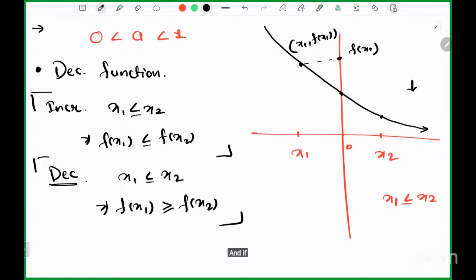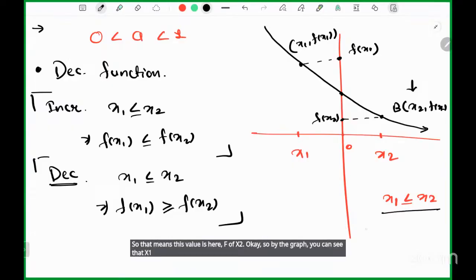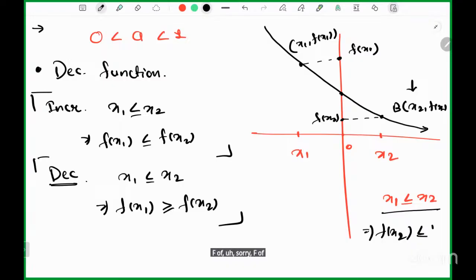And the coordinates of point B are x2 comma f of x2, so this value is f of x2. By the graph, x1 less than or equal to x2 implies f of x2 is less than or equal to f of x1. Here f of x2 is a little lower than f of x1, so it's a decreasing function. So exponential functions with base between 0 and 1 are decreasing functions.